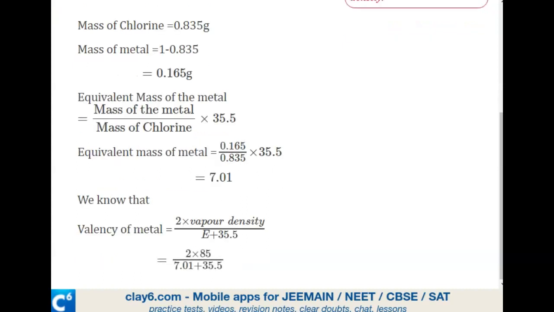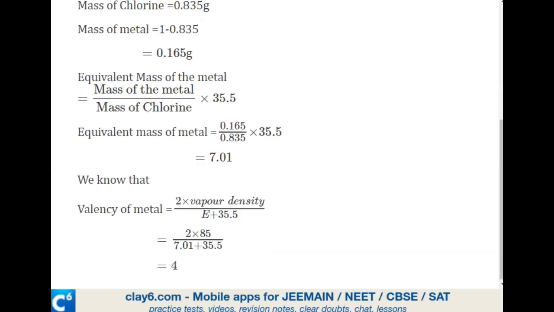So we get 2 into the given vapor density 85 divided by the equivalent mass we have calculated as 7.01 plus 35.5. So the valency of the metal is equal to 4.